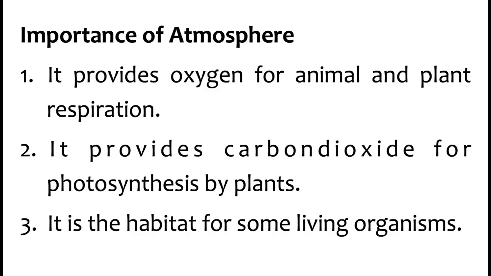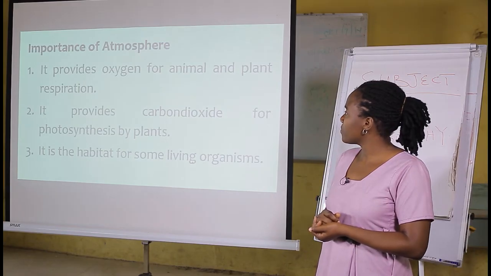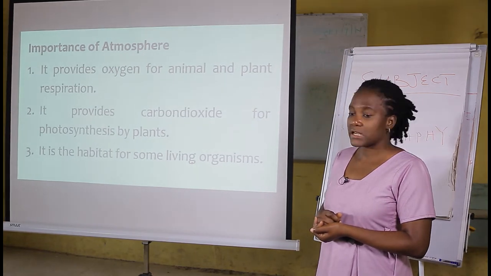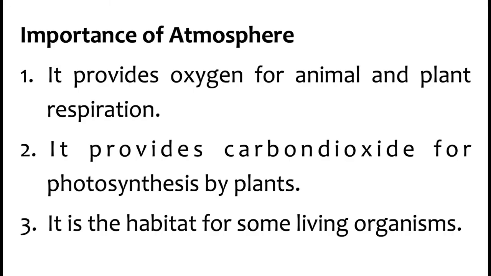For the third domain, which is the atmosphere, one, it provides oxygen for animal and plant respiration. Oxygen is very important for plant and animal respiration. Number two, it provides carbon dioxide for photosynthesis by plants.